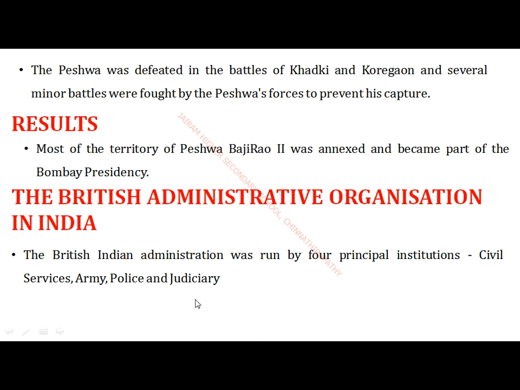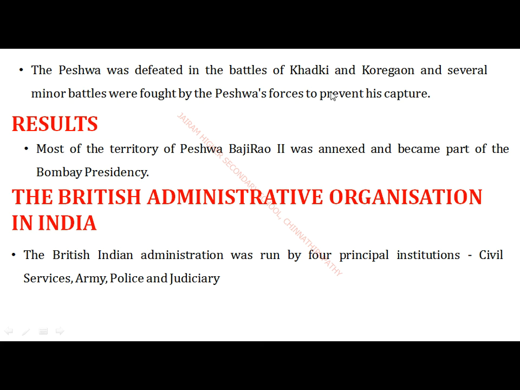Next, the Peshwa was defeated in the battles of Khadki and Koregaon, and several minor battles also took place in this period. They too were fought by the Peshwa forces against the Britishers.